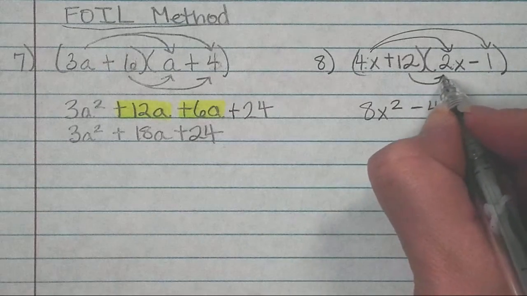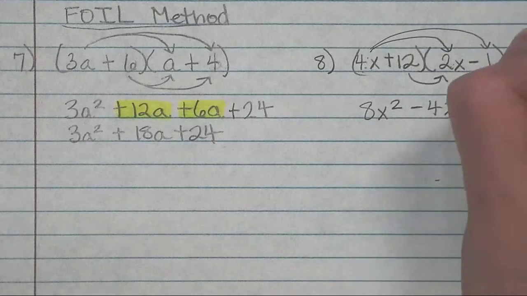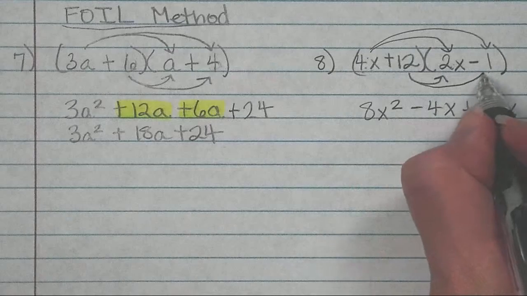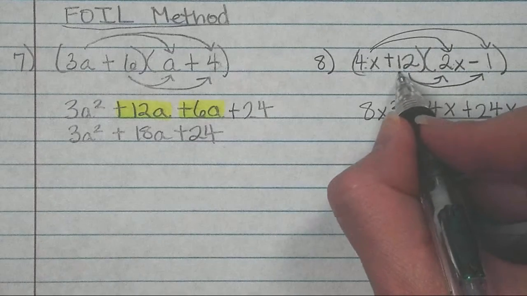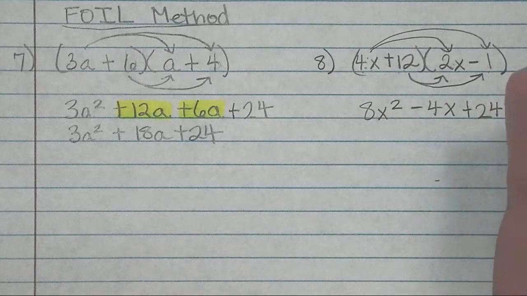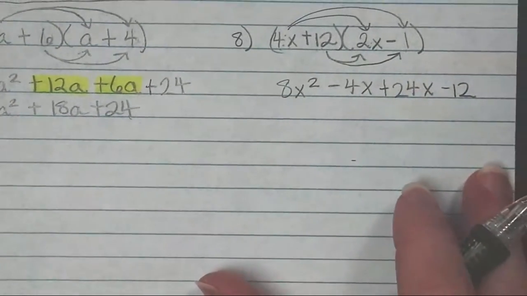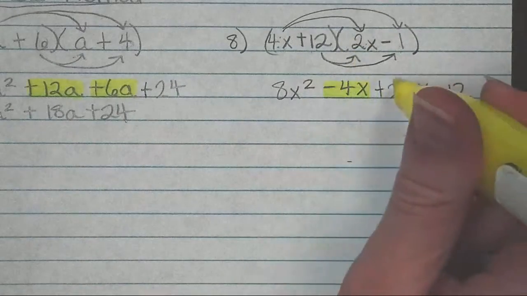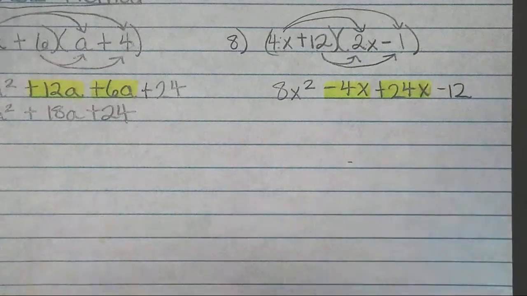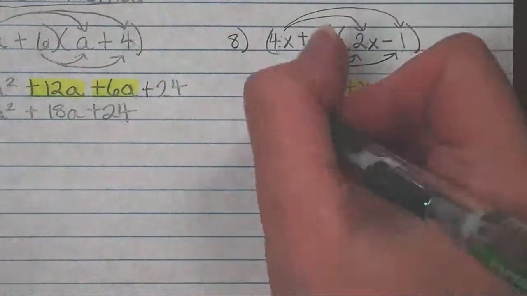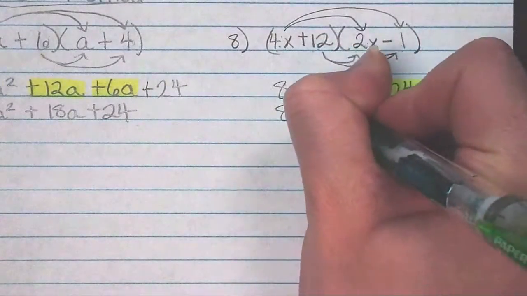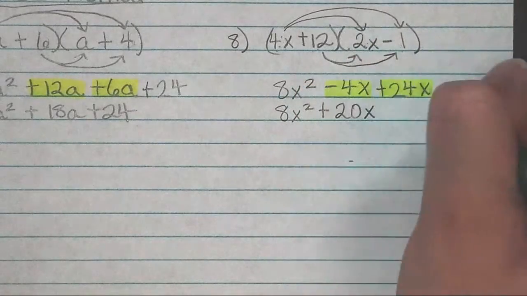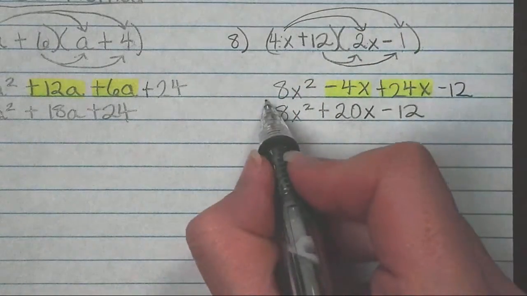And then the inner terms, 12 times 2x is 24x. And then the last terms, the last of the binomials. So we have 12 and -1, which is -12. And then, as always, combine those like terms. 8x squared plus 20x minus 12, and we're done.